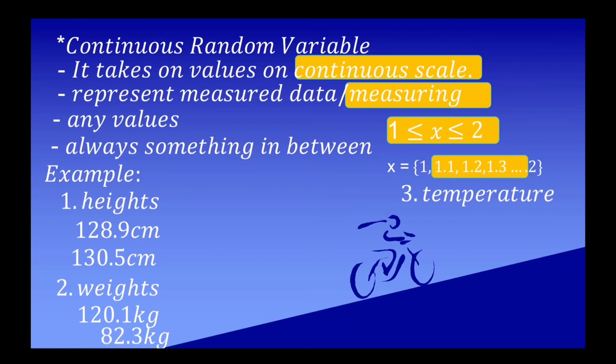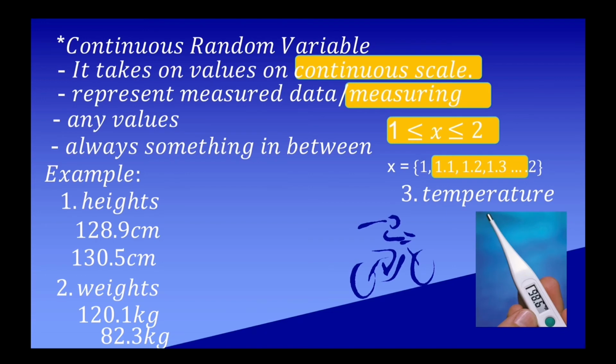Another example is the temperature. Temperature has a continuous character. A thermometer can take a measurement anytime. So here it measures 98.6 degrees Fahrenheit. Another is 87.5 degrees Fahrenheit.